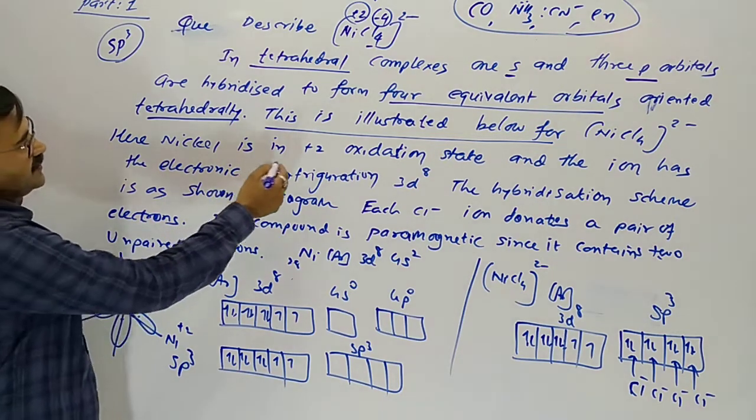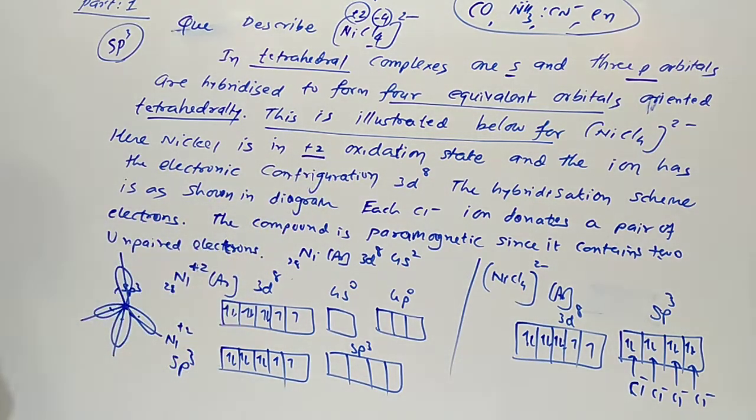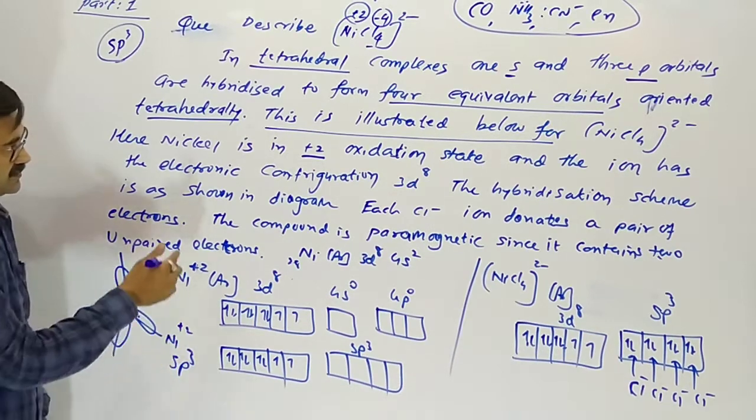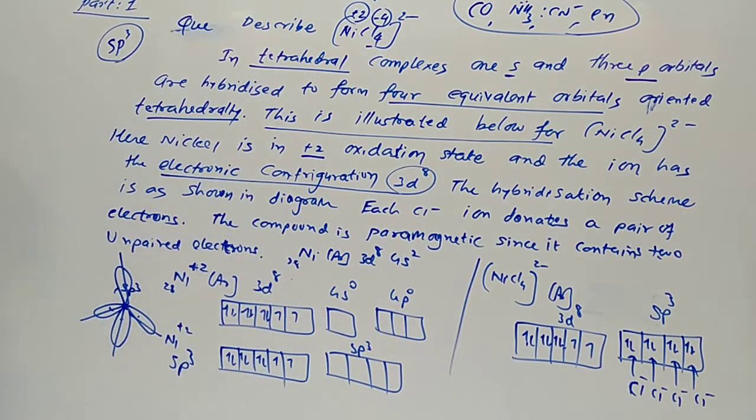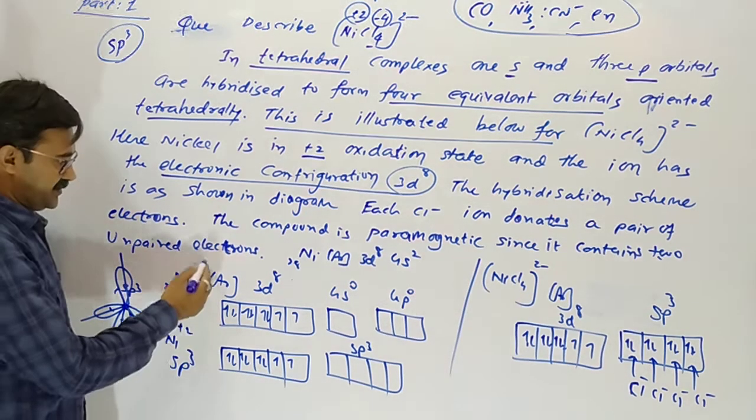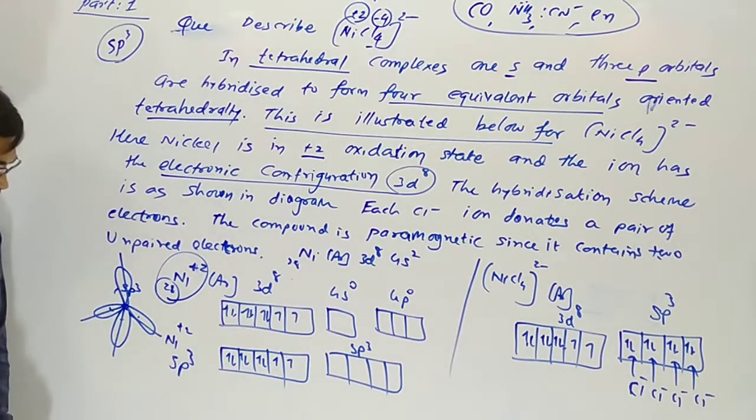Here the oxidation number of nickel is plus 2, and nickel has the electronic configuration 3d8. The atomic number of nickel is 28. Clear?